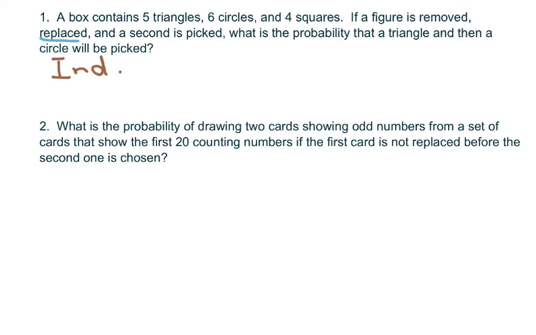So the probability of a triangle is, how many triangles do we have? 5 over, how many total do we have? 15. Make sure you have a calculator ready, because I already did all this. And then a circle, so that's 6 over 15.